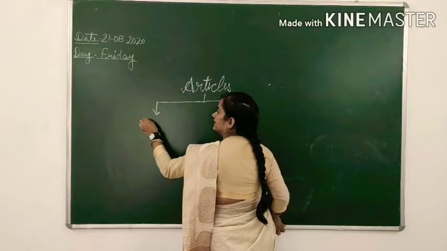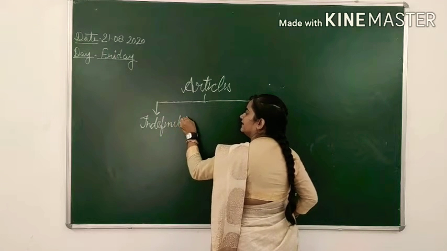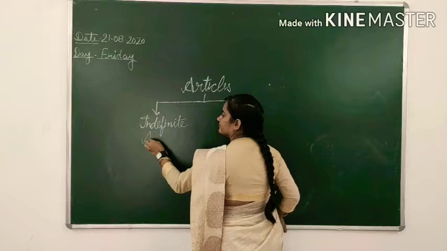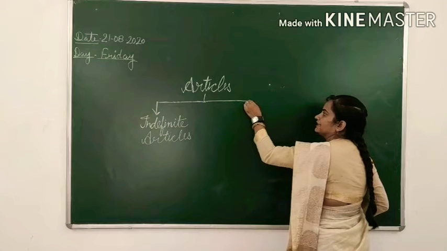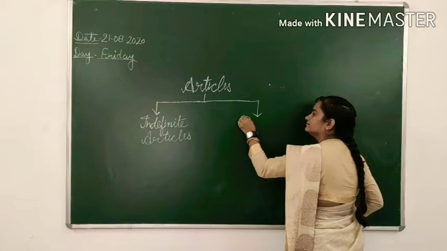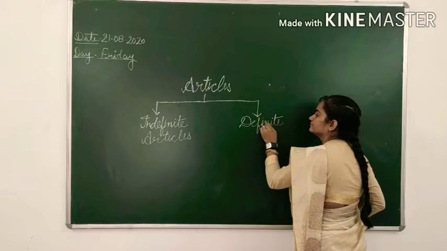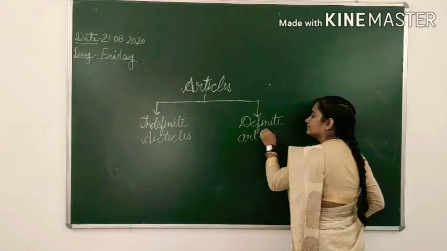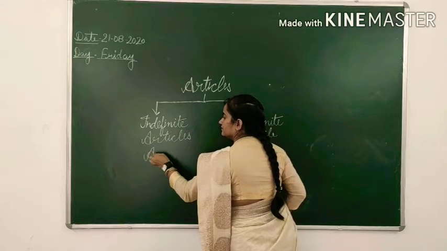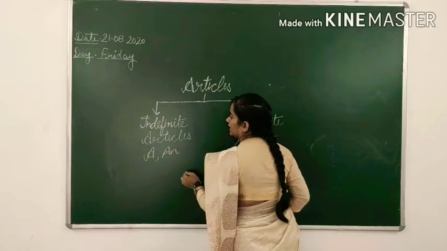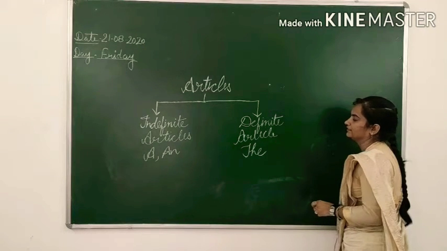First is indefinite article, and second one is definite article. A and an are indefinite articles and the is the definite article.